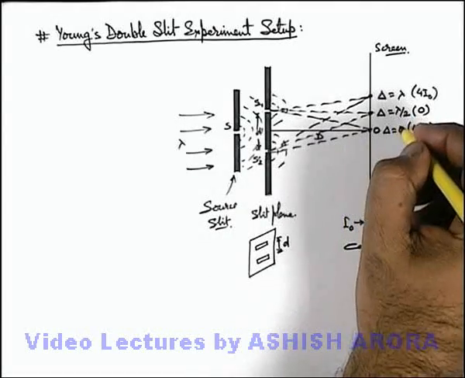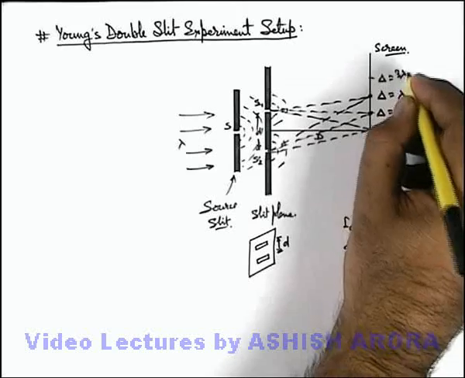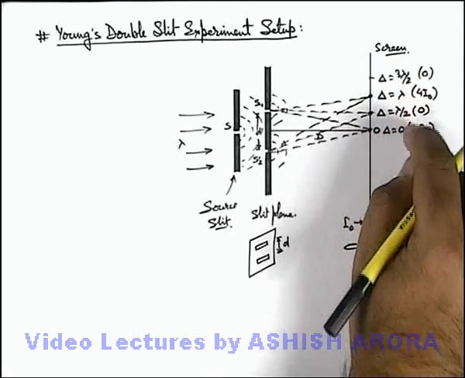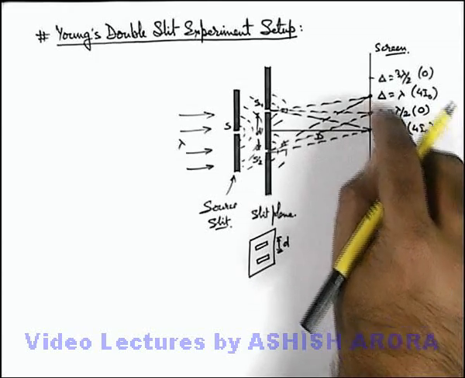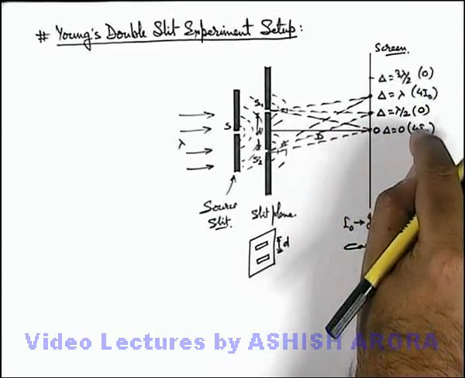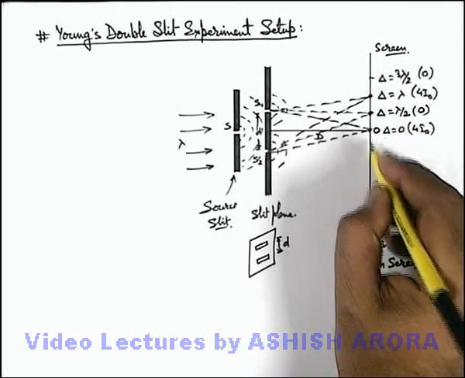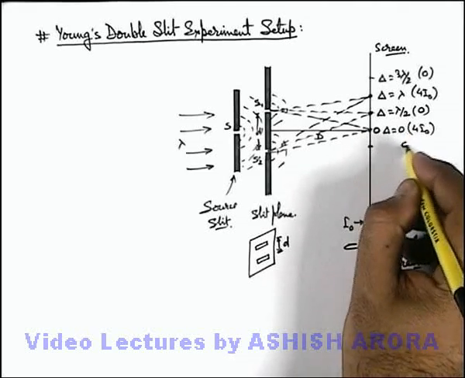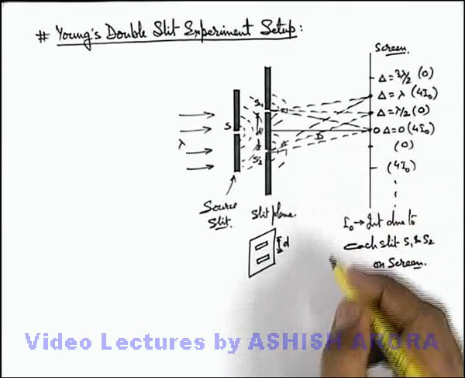So at path differences of lambda by 2 and 3 lambda by 2, destructive interference takes place, and alternately bright and dark regions are obtained on the screen where the intensity is 4I0 and 0. Similarly, below the center of the screen there will also be bright and dark zones with 4I0 and 0 intensity, and so on.